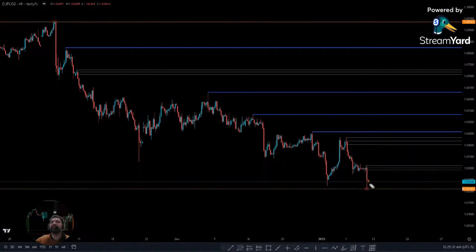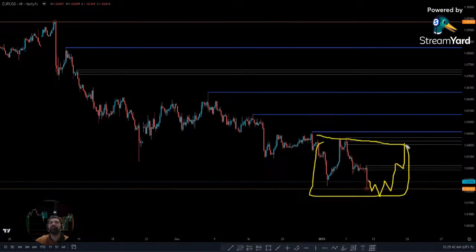But before anything happens, I think the price is going to go down, make the low, and then move on the upper side. And if the prices break this zone around here, in that case we can expect a move on the upper side. But if prices hold within this range, we can expect a sell off.